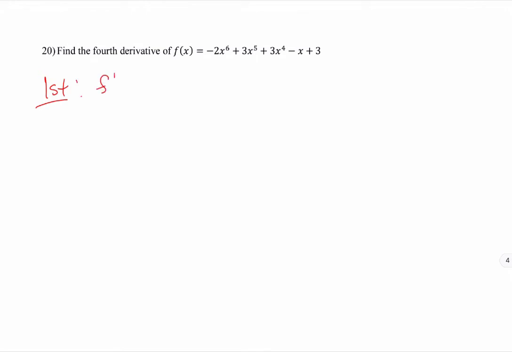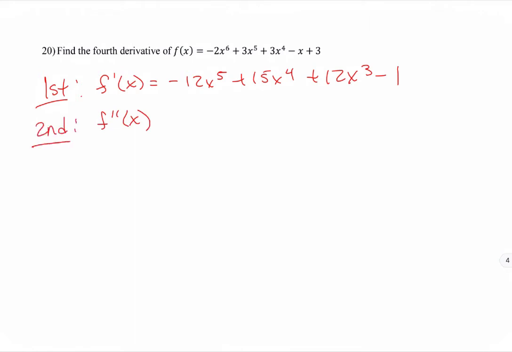Okay? Now, we're going to try to find the fourth derivative. So the first is going to be f'(x) is minus 12x to the fifth plus 15x to the fourth plus 12x cubed minus 1. Oh, that was easy. f''(x), so this is the second, is going to be minus 60x to the fourth plus 60x cubed plus 36x squared.